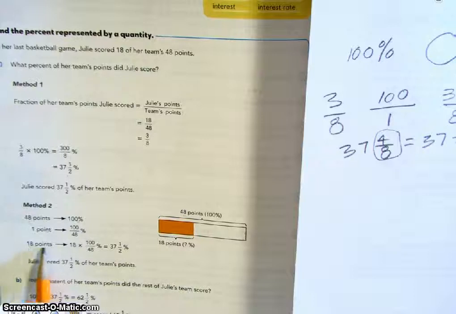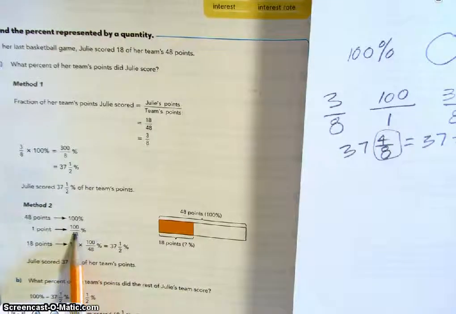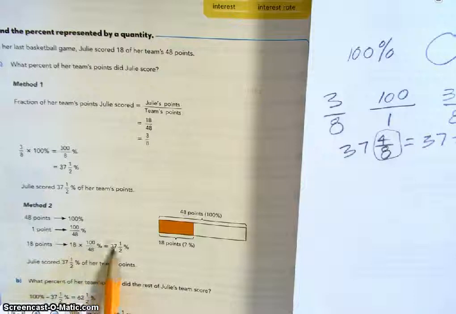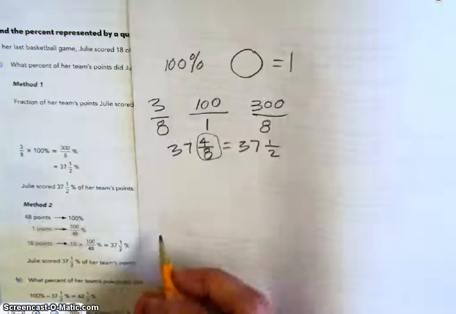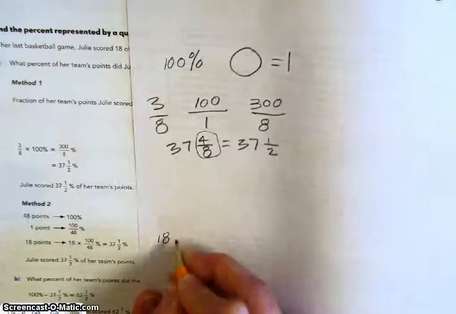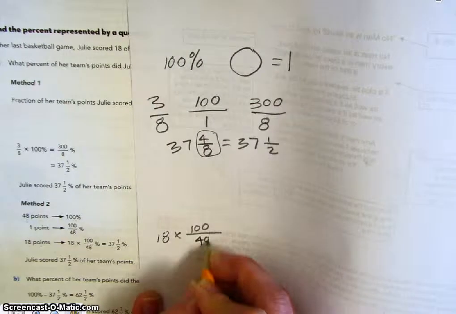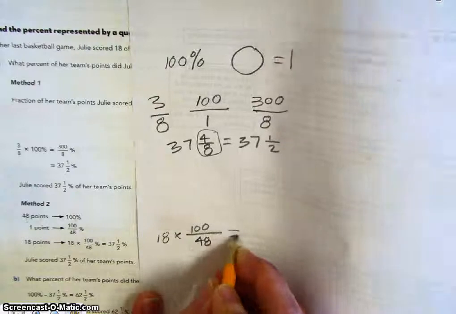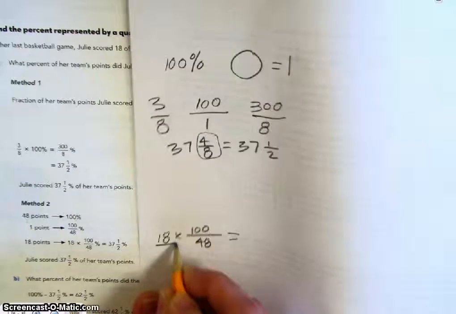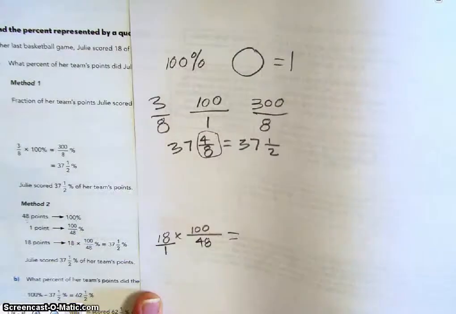And so we need to take the 18 points and times it by that fraction of 1 point, and that would equal 37.5. I'll just do the math for you: 18 times 100 over 48, and remember any number over itself is the same, just in fraction form.